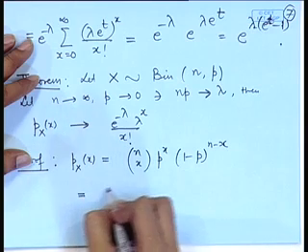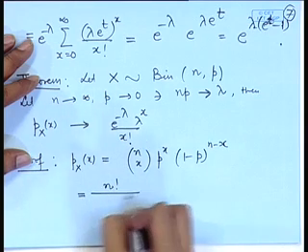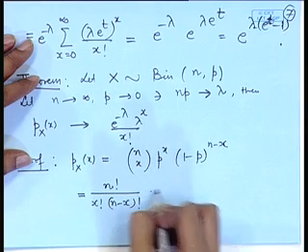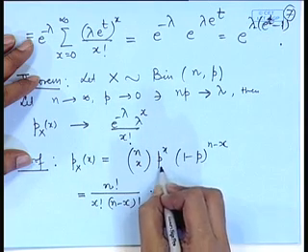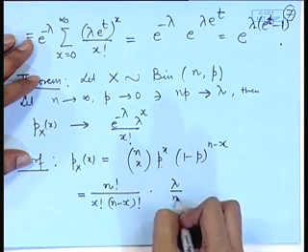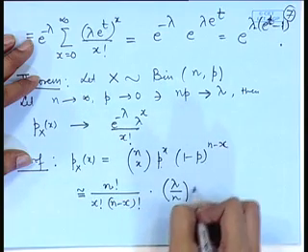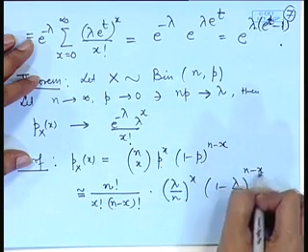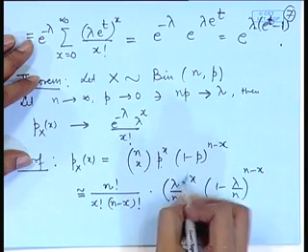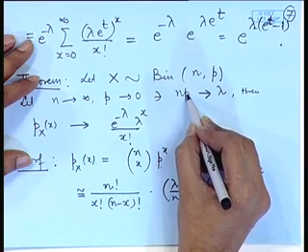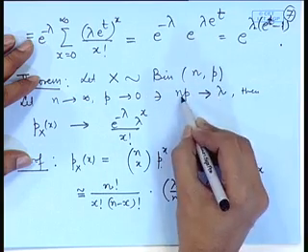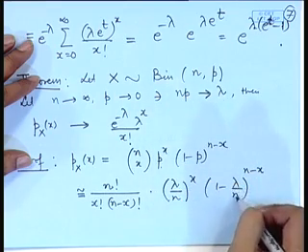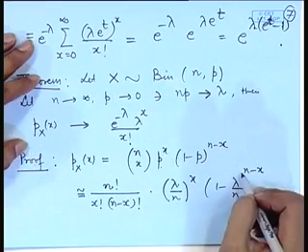So, we can write it as n factorial divided by x factorial (n minus x) factorial, and this p we can write as lambda by n, times 1 minus lambda by n to the power n minus x. I have taken the approximation of p as lambda by n because np converges to lambda.